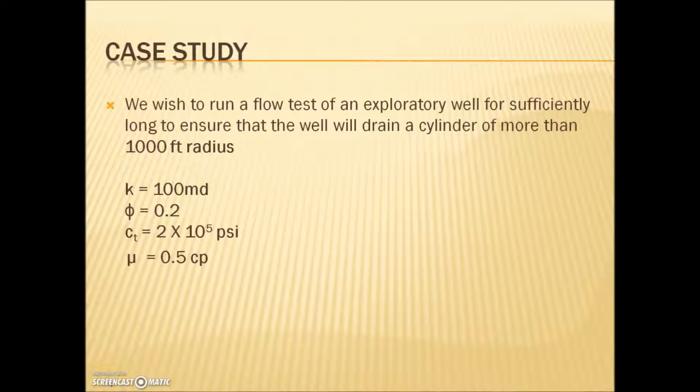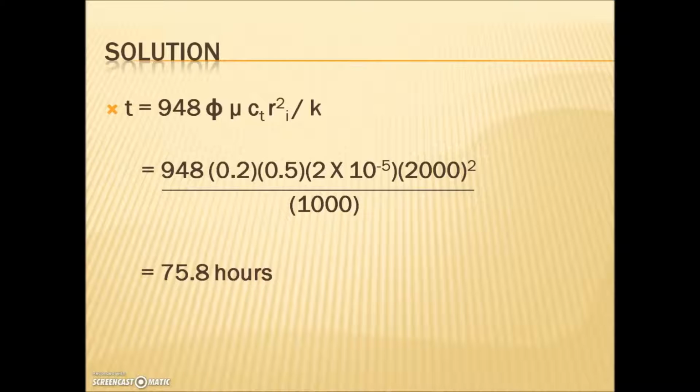The solution is very easy, as we use the formula that has been given on the previous slides, which we consider that the radius of investigation is equal to the radius of the wellbore. The only difference is we use 2000 for safety purposes, and then we get the answer. Thank you.